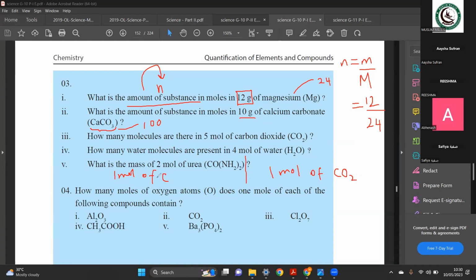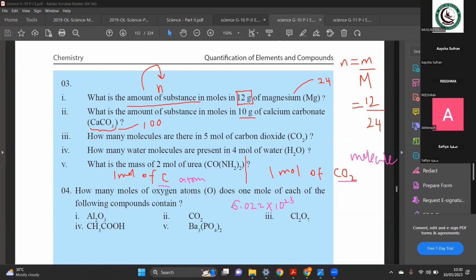In one situation, remember, carbon is an atom. In the other situation, carbon dioxide is a molecule. So two different situations, but still it's 1 mole. So because it's 1 mole, remember the number won't change. It will always be 6.022 into 10 to the power 23.